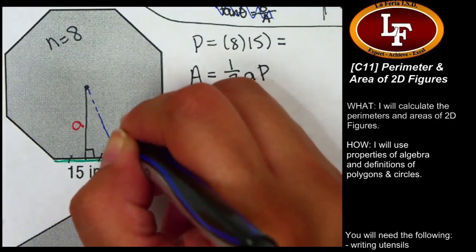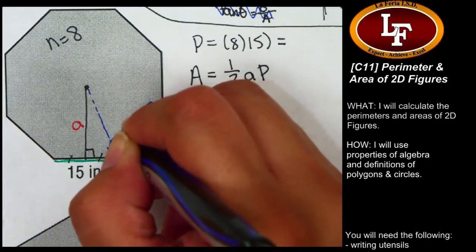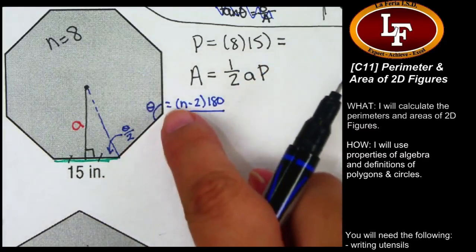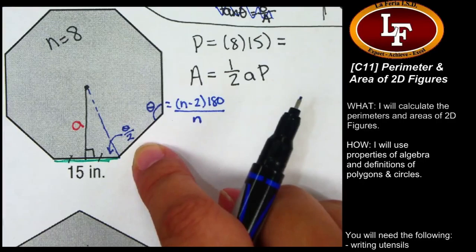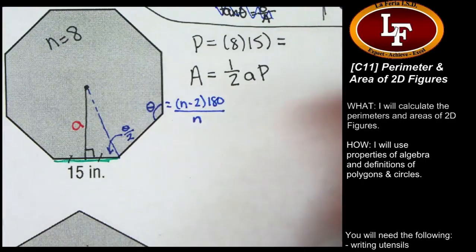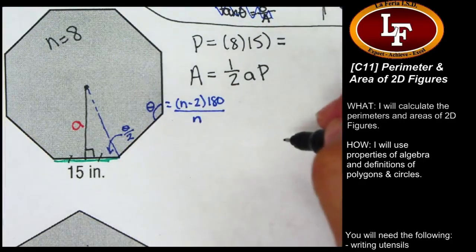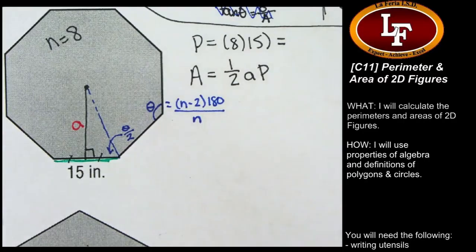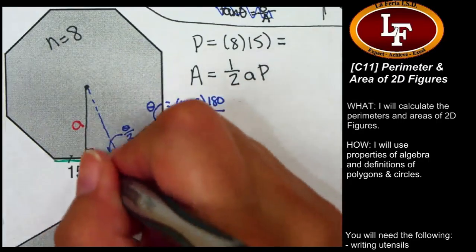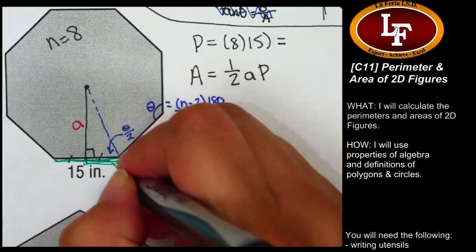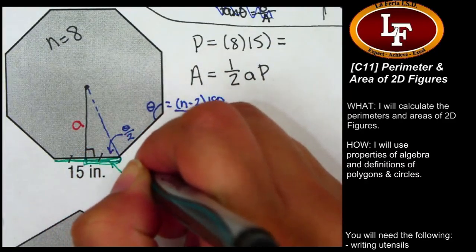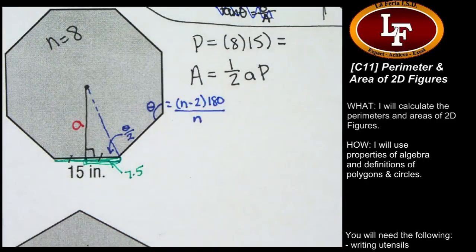And then this one, the angle that I'm actually interested in, is whatever we got up here divided by 2. Once you have the measure of that angle, then you can use trigonometry to help you find the measure of the apothem. First thing we need to do is find the measure of this little bitty bit of the side. That is 1/2 of the full side of the polygon. 15 divided by 2 is 7.5.